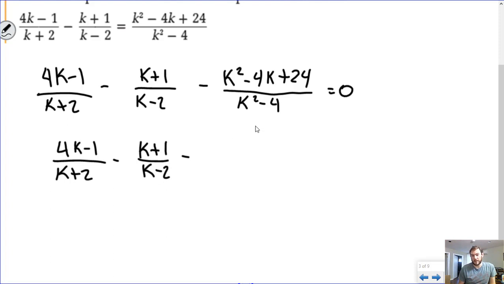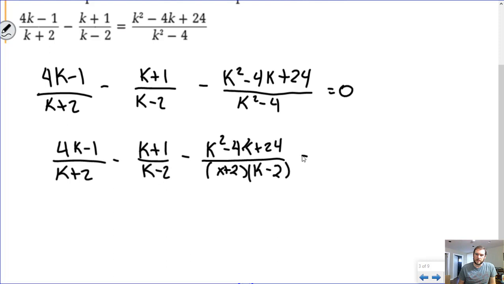So the top, is that factorable? Two numbers that multiply to give me 24 but add to give me -4. No, so that's not factorable, so we're just going to leave that as k squared minus 4k plus 24. Now the bottom, though, k plus 2 and k minus 2. And that's equal to 0.